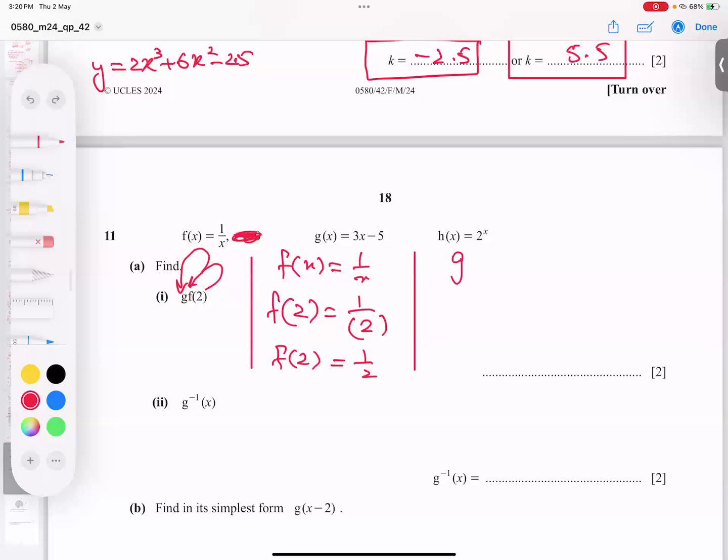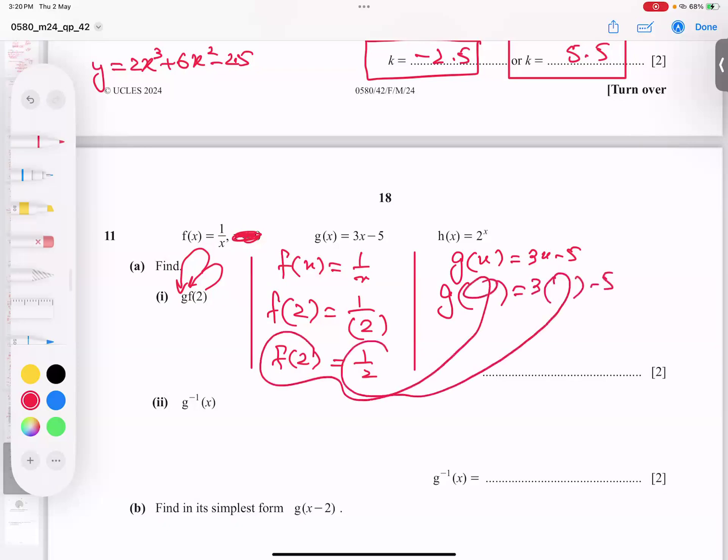So let me write G first. 3x minus 5. Every x, I will leave an empty space. So this name will come in this bracket, the value will go in this bracket. So f of 2 comes to the left side, half goes to the right side.